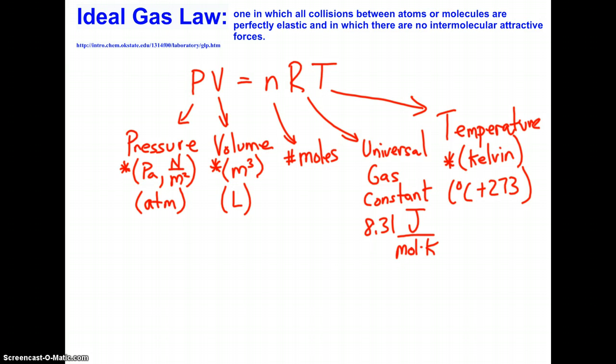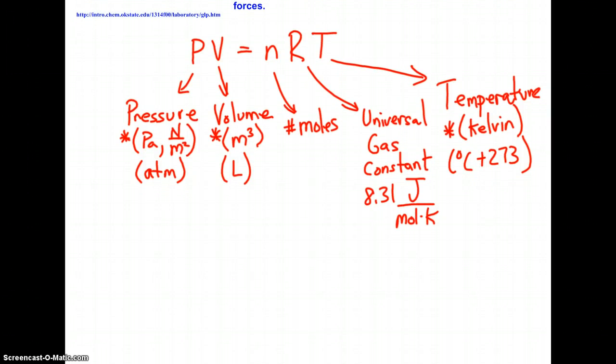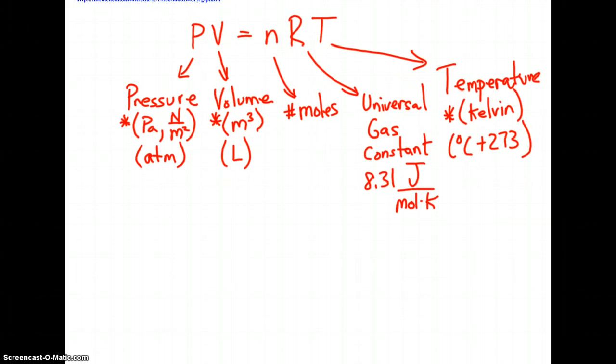All right, the ideal gas law becomes particularly useful when we want to compare a gas in some initial state to that same gas in some final state. So writing the equation in the initial state, we would have P0V0 equals nRT0, and in some final state it would be PV equals nRT.